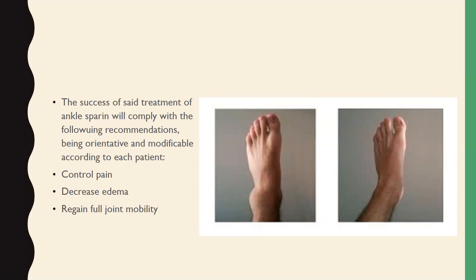Early weight bearing as tolerated. Phase two of treatment begins once pain and inflammation have subsided to the point where the athlete can comfortably walk from place to place.